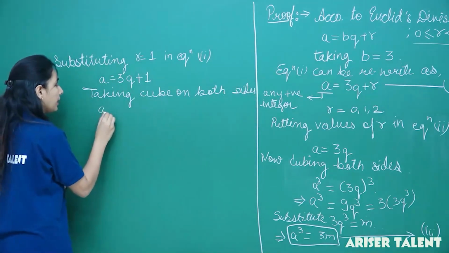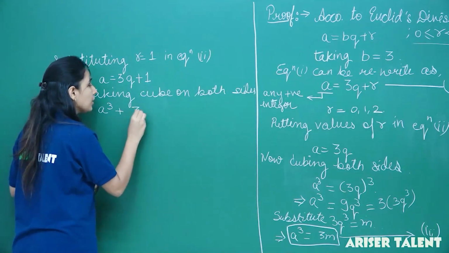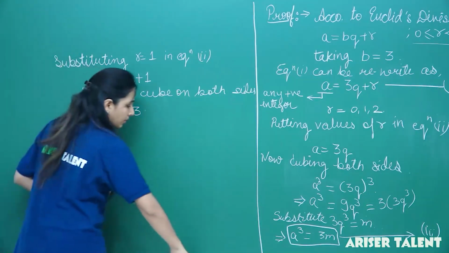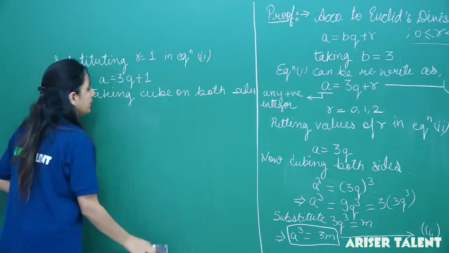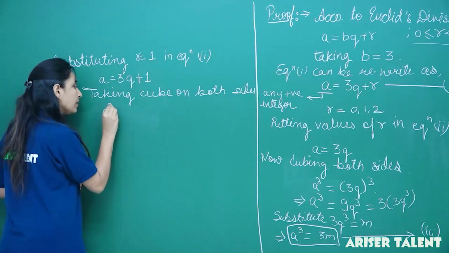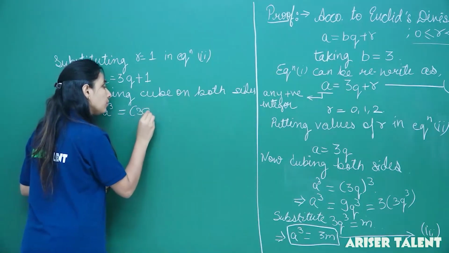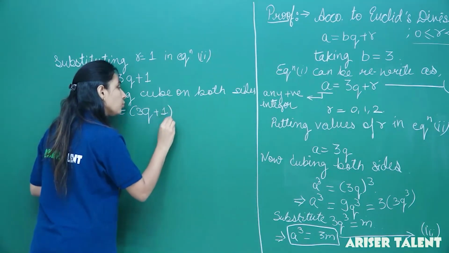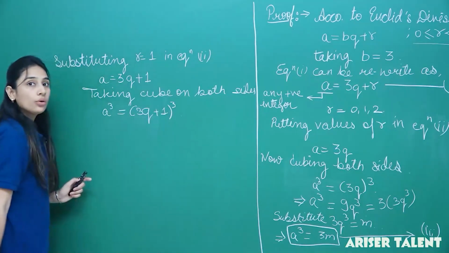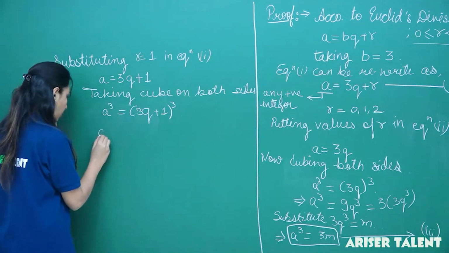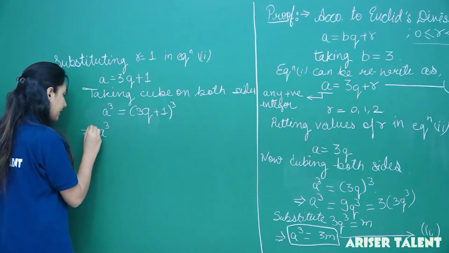What will we have? Rewrite it as a cube will be equal to 3q plus 1 whole cube. Now, how can we rewrite it?